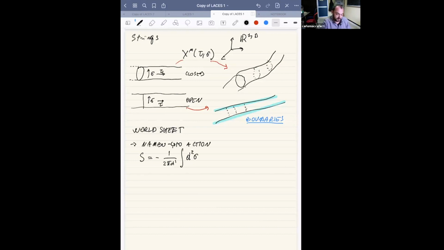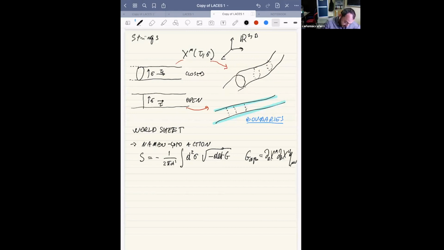So now I'm collectively calling τ and σ just σ. The important part of the action is minus the determinant of G. What is G? G is the induced metric on the worldsheet, which is just ∂_α X^μ ∂_β X^ν η_μν.